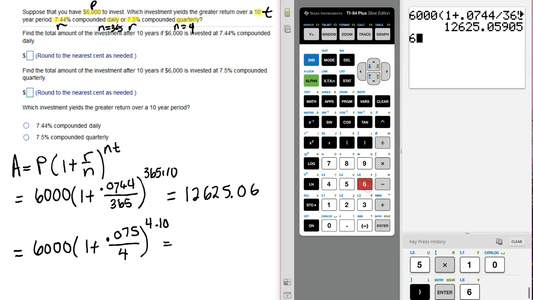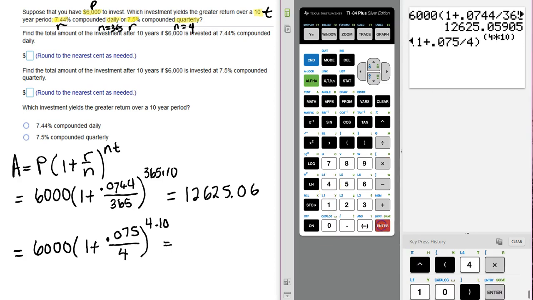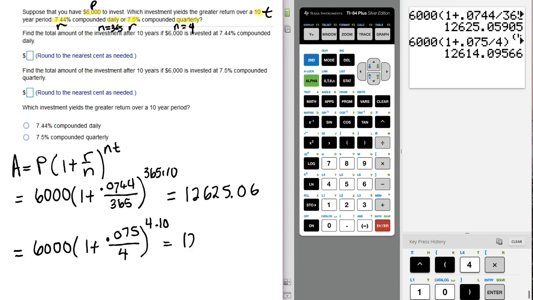So we can type that in our calculator, 6,000 times 1 plus 0.075 divided by 4. Close parentheses, we're going to create that exponent. Some people need parentheses around the exponent, 4 times 10, and close parentheses. So for the second account, paying 7.5% interest, we would have $12,614.10.